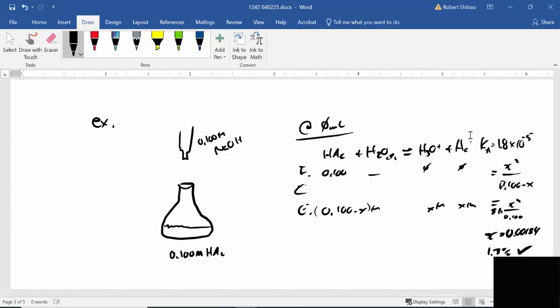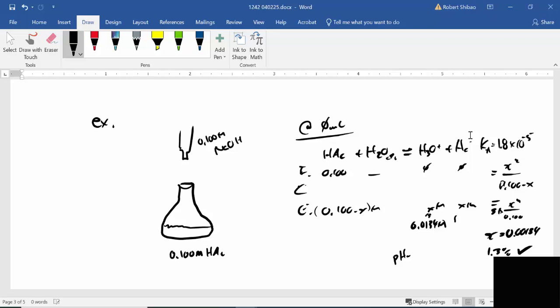So we're just interested in the pH, so I'm going to plug that in over here, 0.0134 molar for the hydronium. Even though we're only interested in the pH, I'd probably calculate the rest of these, just to make sure I didn't make an error.